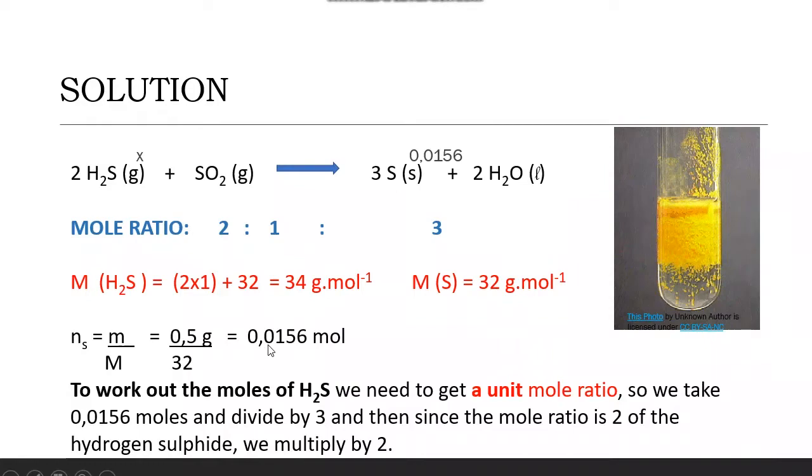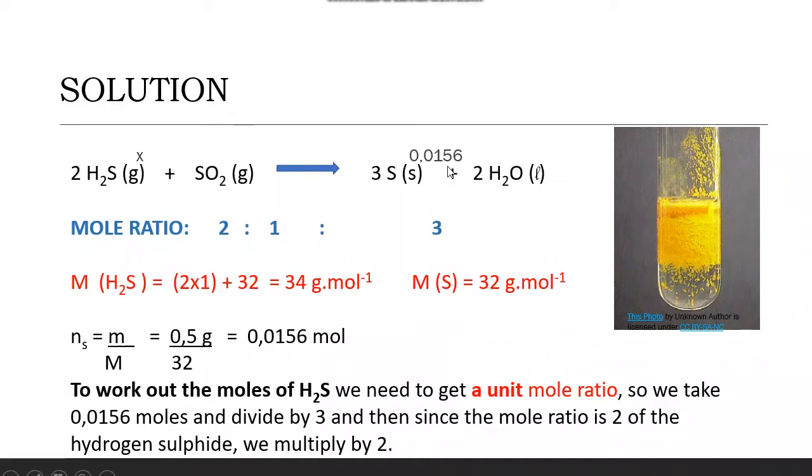So we have 0.0156 of a mole. In other words, if we'd had 32 grams, it would have been 1 mole, but we don't. We have 0.5 gram, so 0.5 is a fraction of the 32, 0.0156 moles. So now we know that this reaction produced that amount of moles.